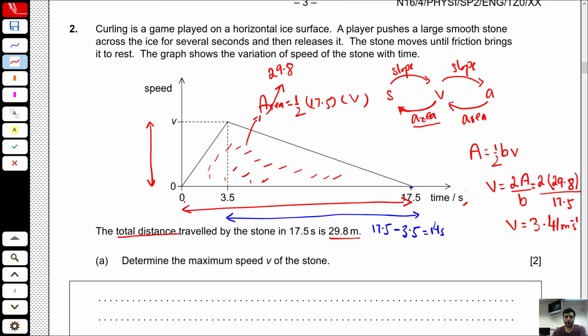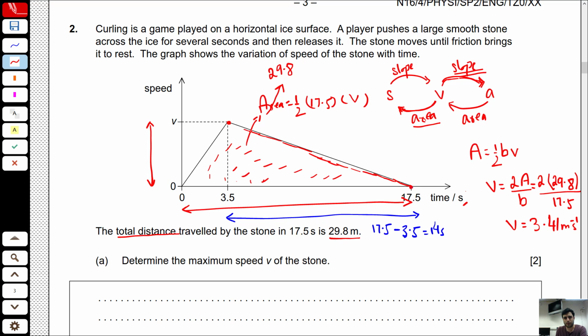So if you look back at the graph, this is a velocity-time graph, and this time we want acceleration, so we have to find the slope of this graph so that we can get the acceleration.